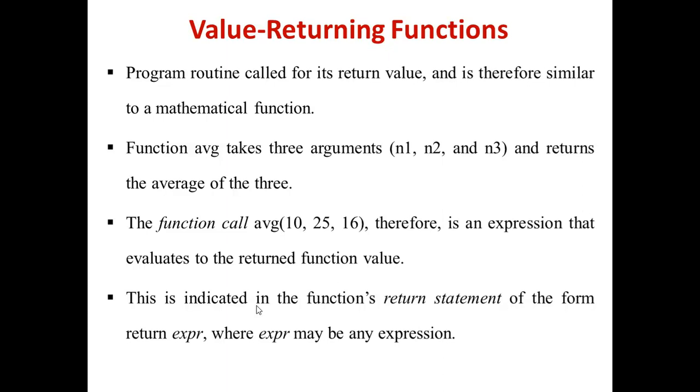Or instead of n1, n2, n3, I'm passing three arguments directly, and it will find the average and return the result. So this indicates that the return statement of a function can be either an expression, or a normal value, returning a specific value or variable. That is possible. Okay.